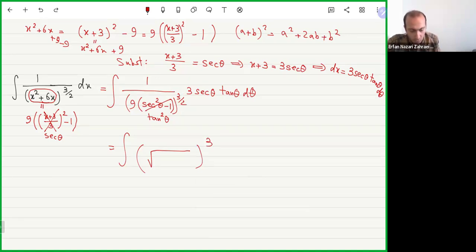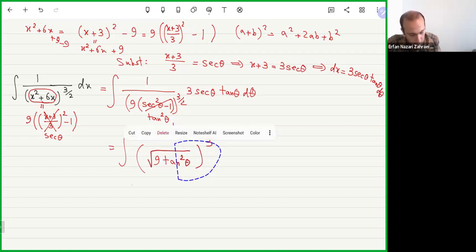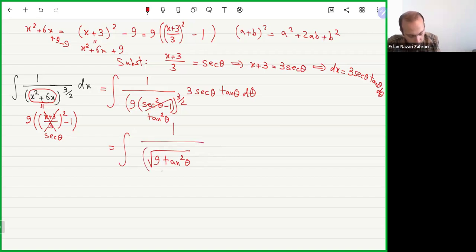Exponent 3 over 2 is the same as a square root, that's 1 over 2, and then exponent 3. If you consider it like this, 9 tangent squared theta, 1 over this cubed. I wrote this so huge, so let me write it smaller. And the rest that I had.